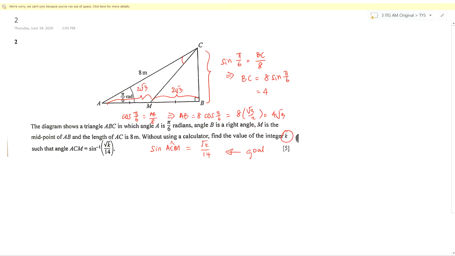Now what's the point of having all these? We also see that triangle CMB is also a right angle triangle. So using Pythagoras, we will be able to find the length of CM.